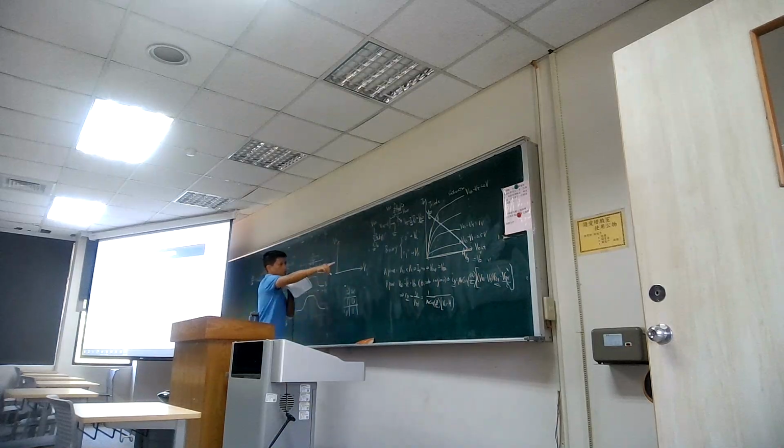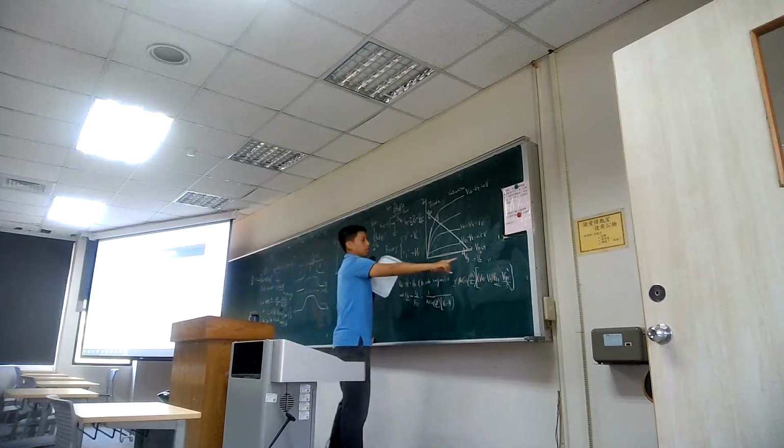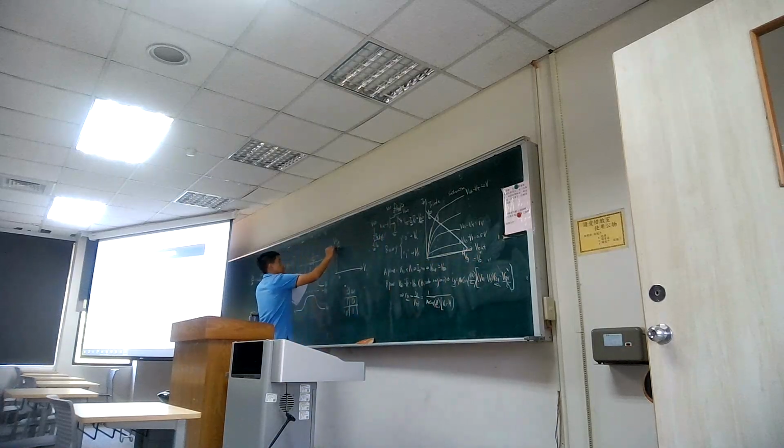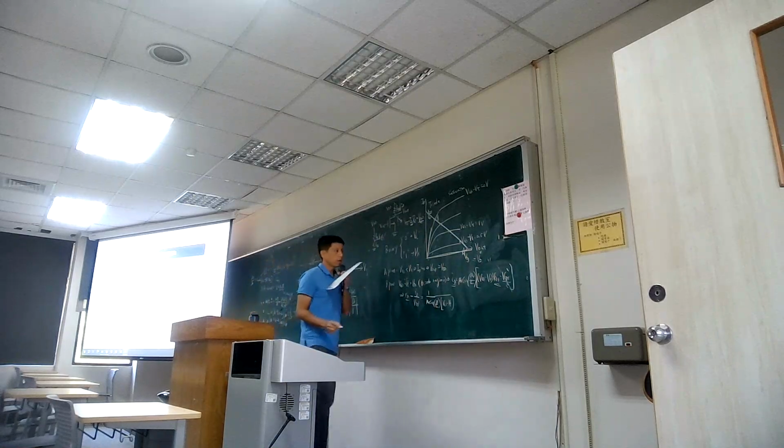So here is the output voltage, here is the input voltage. If you draw the input and the output relationship again, before the input goes above VT, the output voltage will still be VDD, the total supply voltage here.